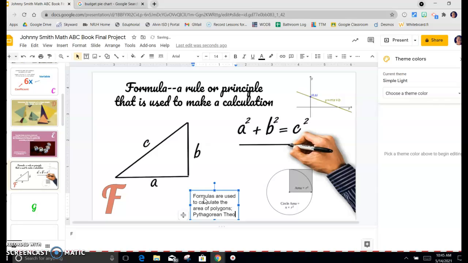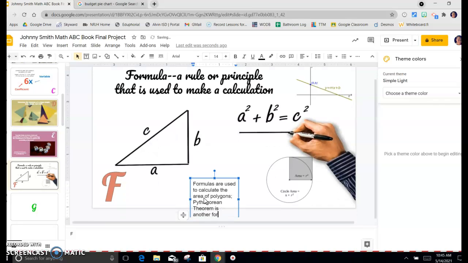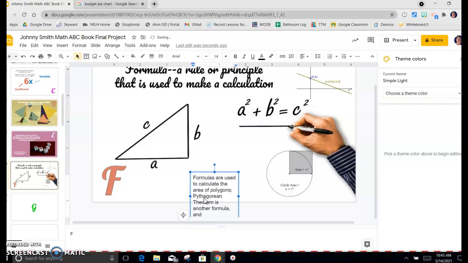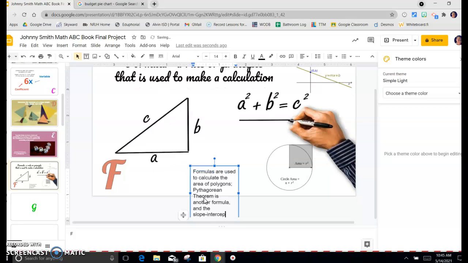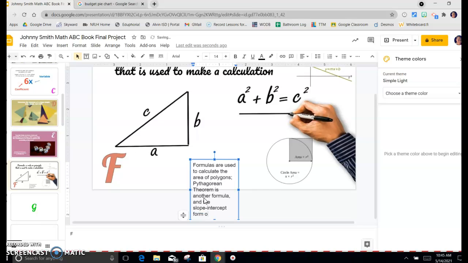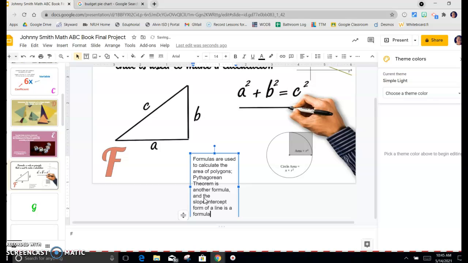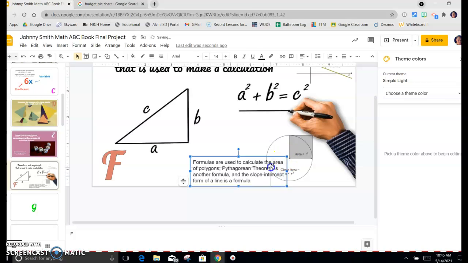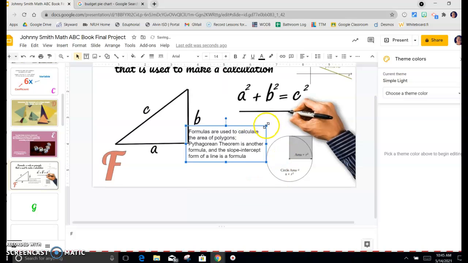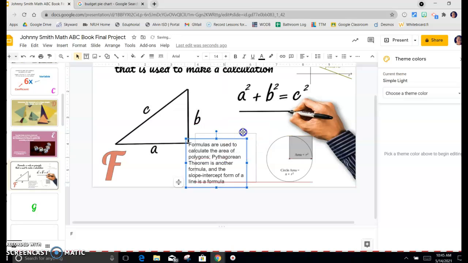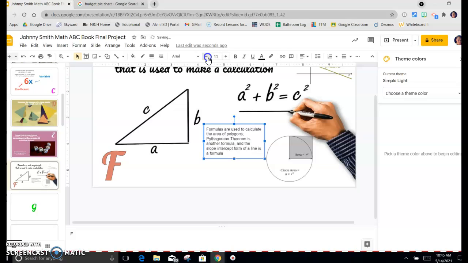Pythagorean theorem is another formula. And the slope intercept form of a line. A little bit smaller. Center it. Boom.